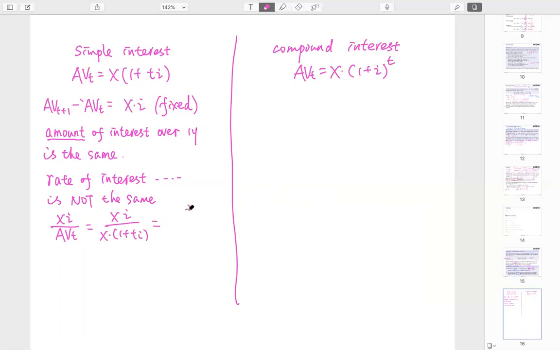So let's cancel x. Right? So what we can say, as t moves forward, or as t grows, the rate actually decreases, right? That is because the amount is fixed. If your denominator is growing, it's becoming bigger and bigger, the ratio will become smaller and smaller, right?